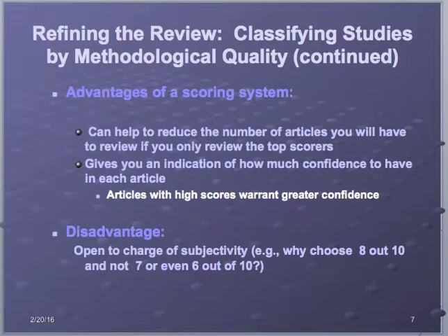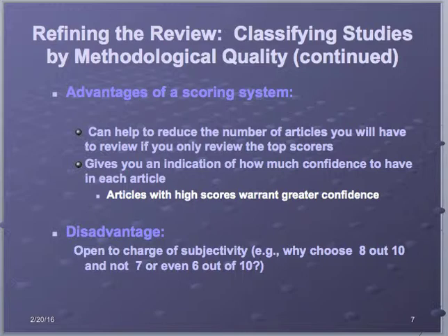As another example, you can assign a scoring system that you would use to indicate your level of confidence in the quality of the research that you're reading.